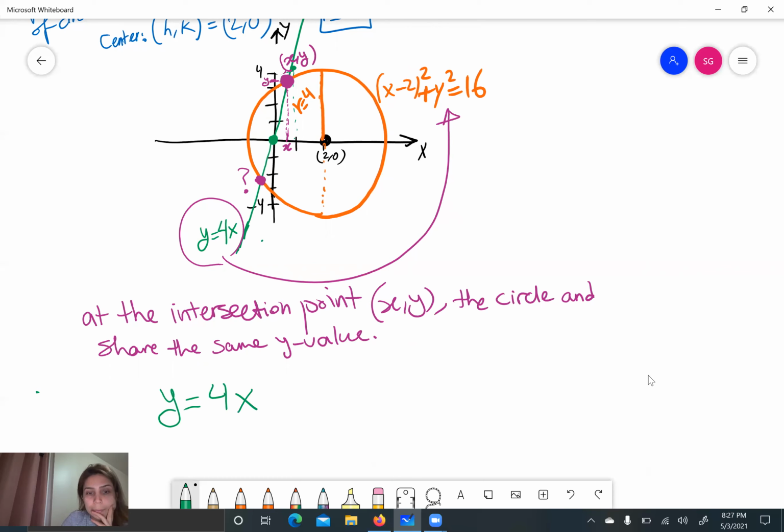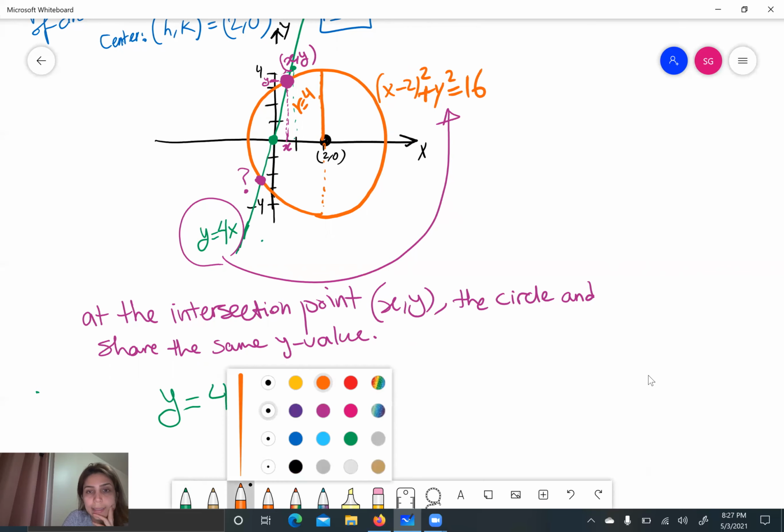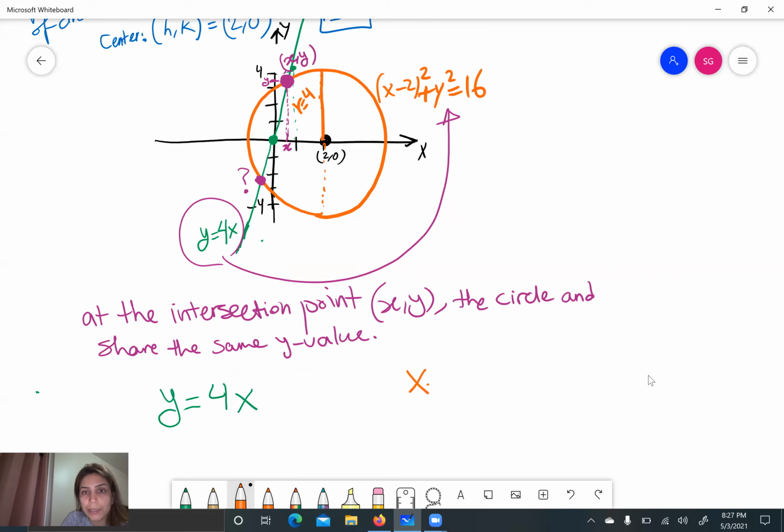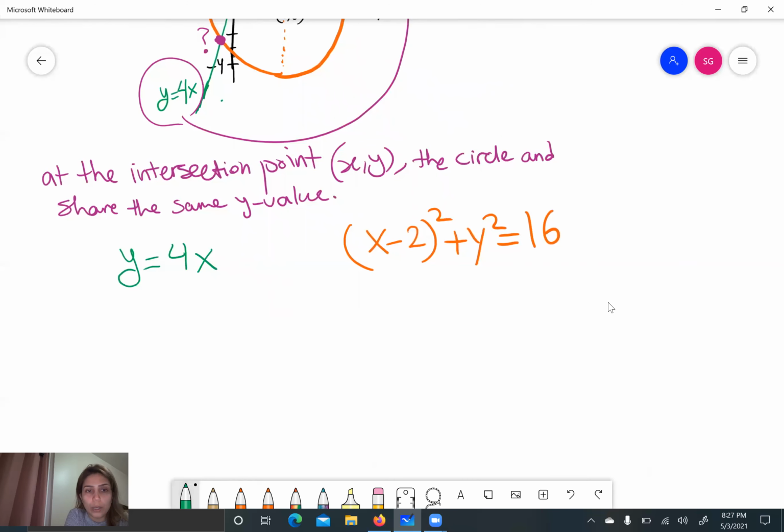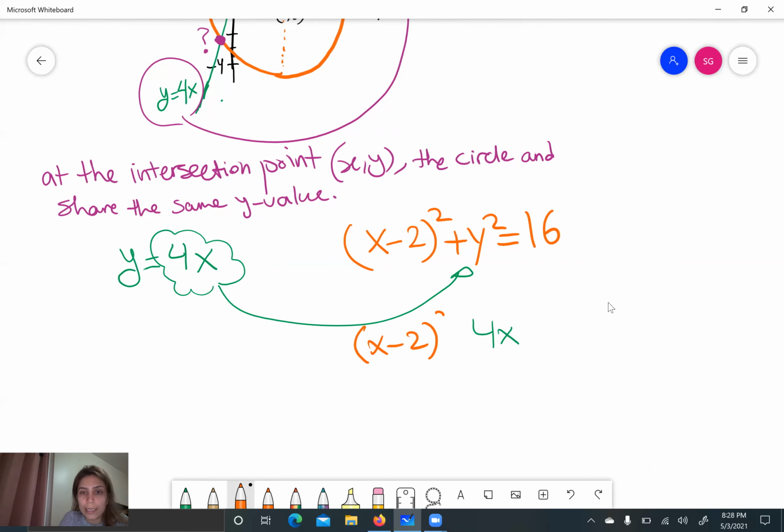And what about the circle? The circle says that the relationship between the x value and y value at that point is this equation. But because they have the same y value at that intersection point, the y value is 4x from the line, so it should also hold in the circle.